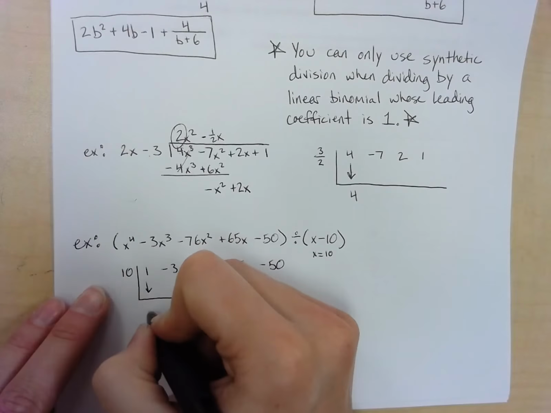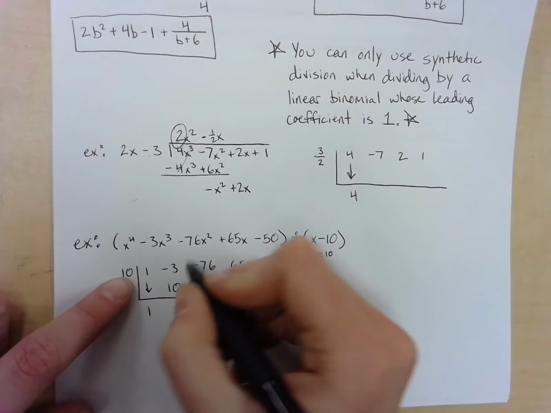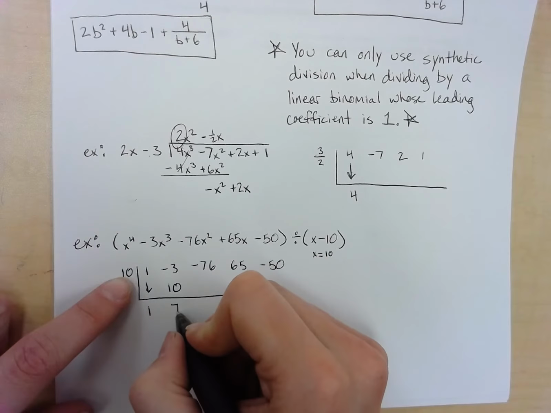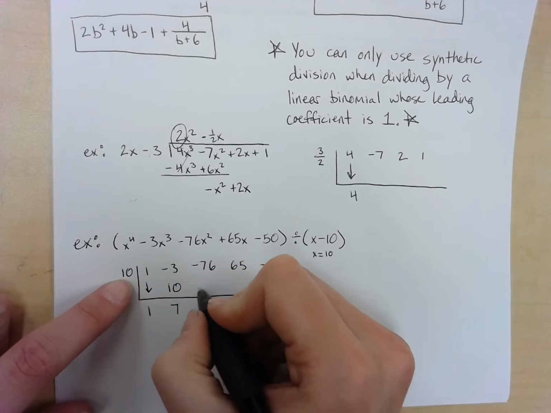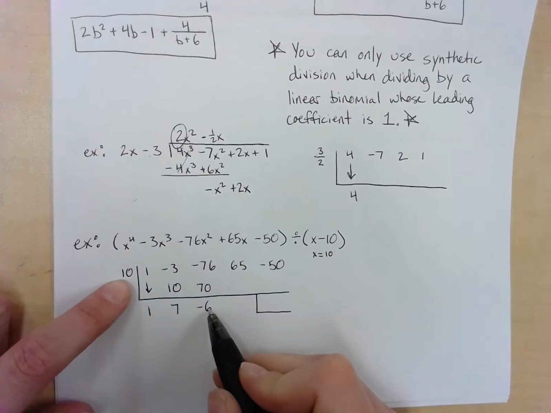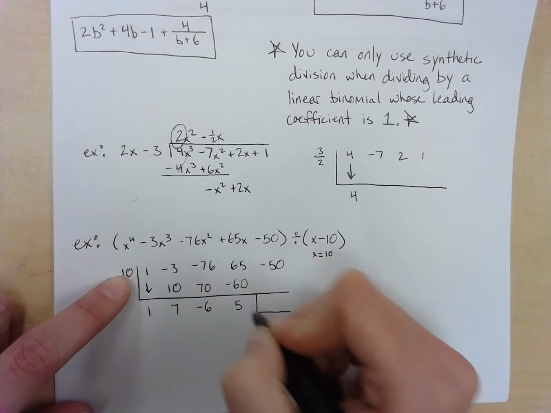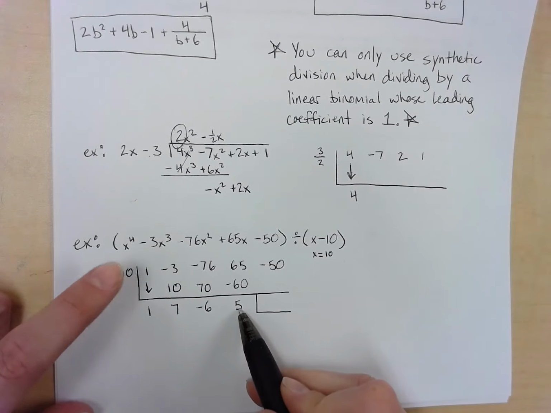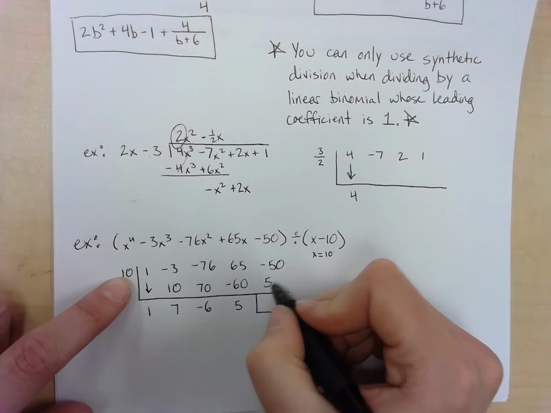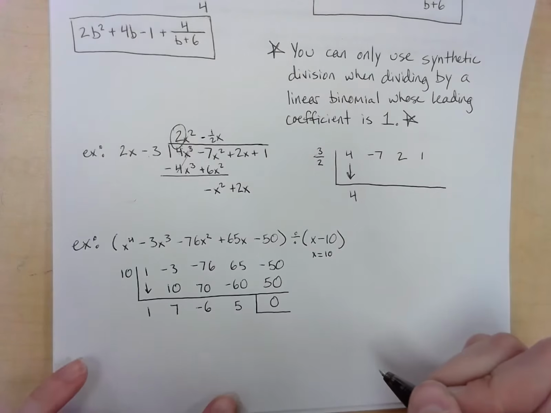The first one drops, so I get 1. 1 times 10 is 10. Add down, I get 7. 7 times 10 is 70. Add down, negative 6. Negative 6 times 10 is negative 60. So I get 5. 5 times 10 is 50. So my remainder is 0. That means they work out nicely. That's nice.